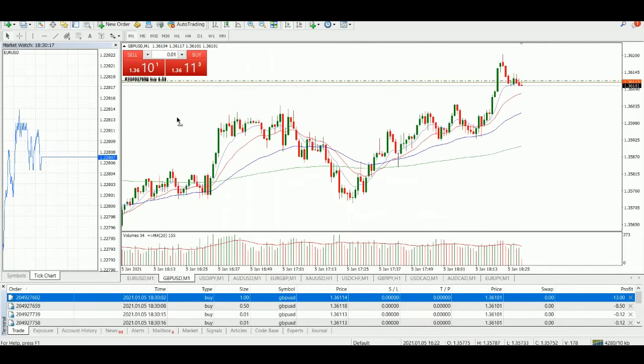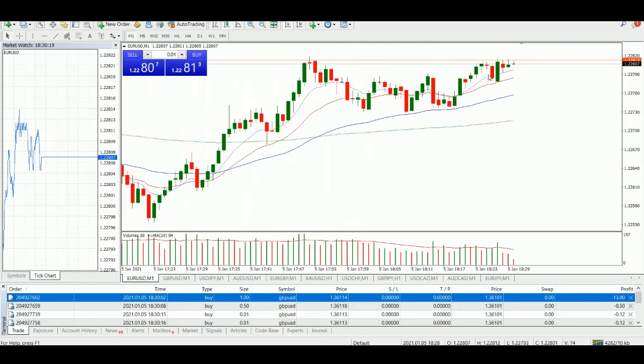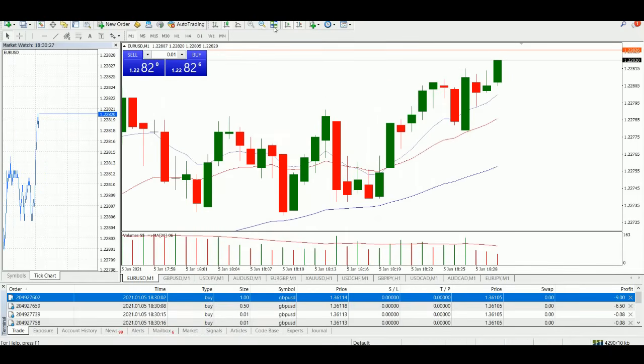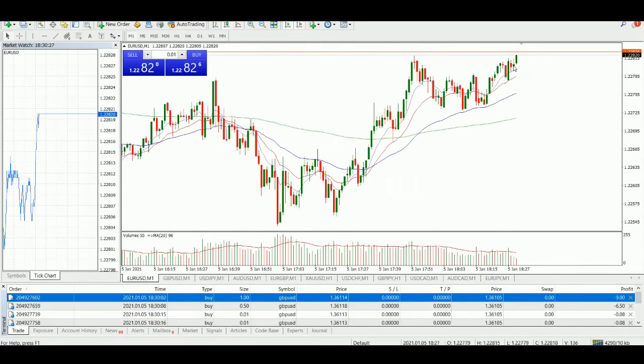Maybe now euro dollar will continue going up, but it's very risky. You have two tops. As you can see here, the candles are very indecisive, trying to break but not able. Now euro dollar may be breaking this one, but why take this risk? Price tried many times to break it and was not able.